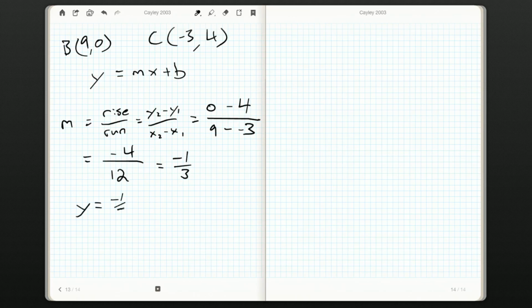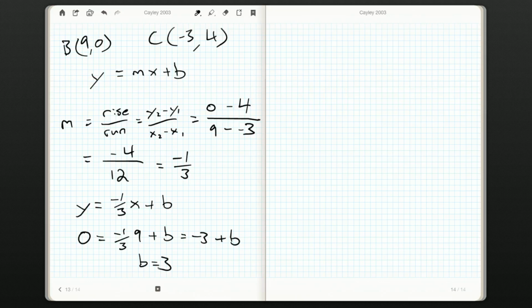If I want to figure out what b is, and I certainly do because I want to finish off this equation, I can just plug in a point that I know is going to work here. So for example, if I plug in the coordinates for B, I know 0, the y-coordinate, is going to be negative 1/3 of the x-coordinate plus this mysterious b value. But negative 1/3 of 9 is negative 3 plus b, and we need this to be equal to 0.